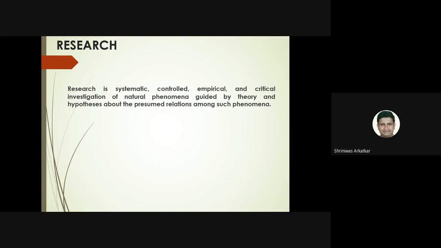Since the whole theme is on research, by this time you must know very well that it is a systematic, controlled, empirical, and critical investigation of any natural phenomena, which has to have a very good background of theory, or maybe some hypothesis, perhaps from intuition, that something is more than, less than, more effective, or less effective.